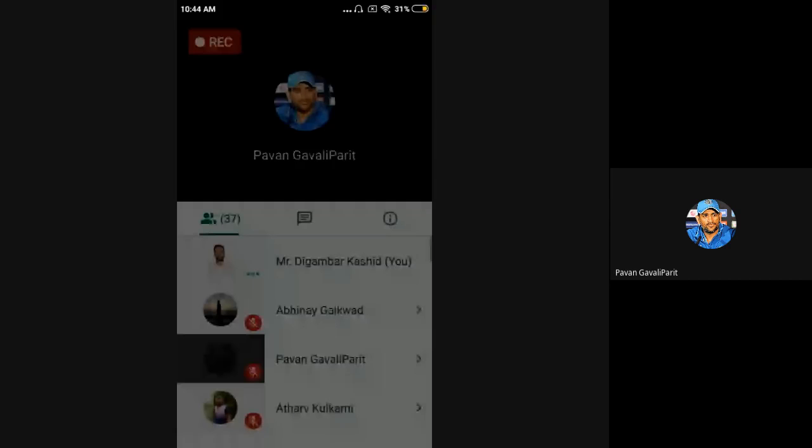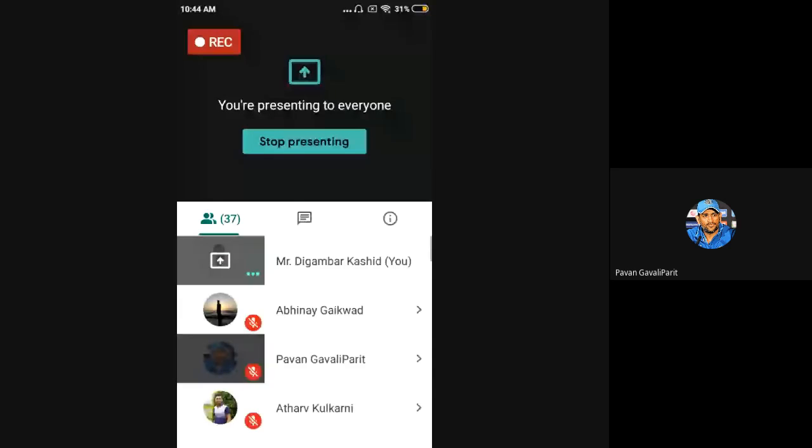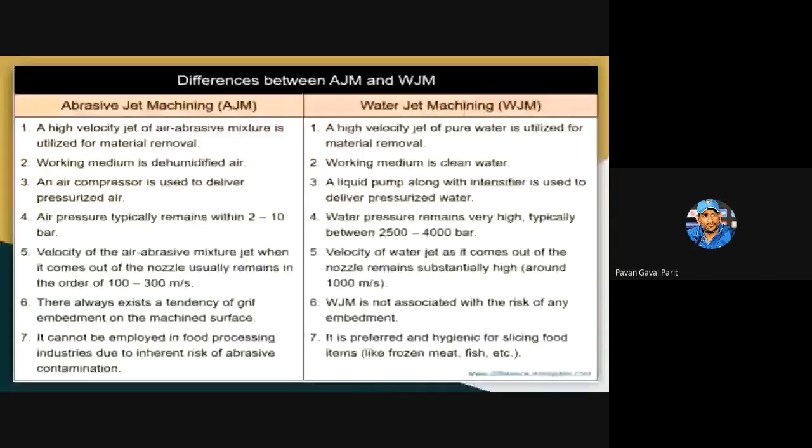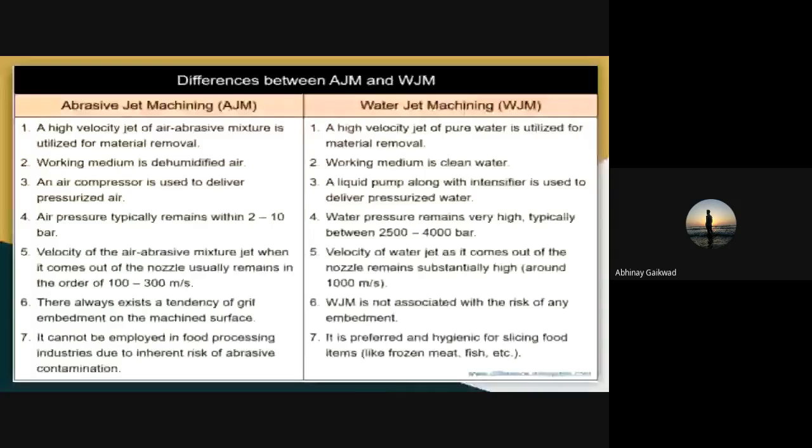So I will start the presentation once again. Okay, now is my slide visible to you all? Yes sir. Now while writing the difference in an exam, first you have to write the technical points: which energy is used, then the material removal action, what the components used are.